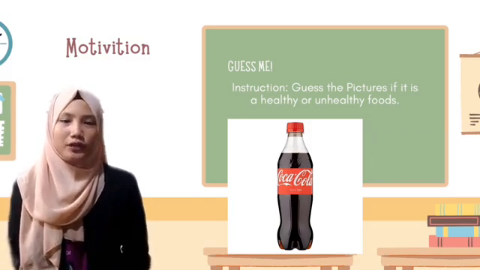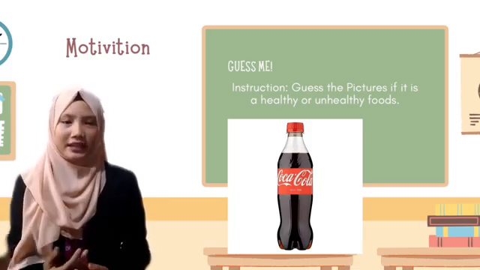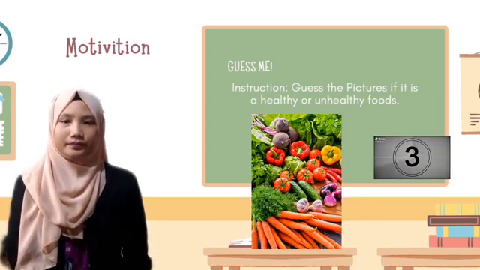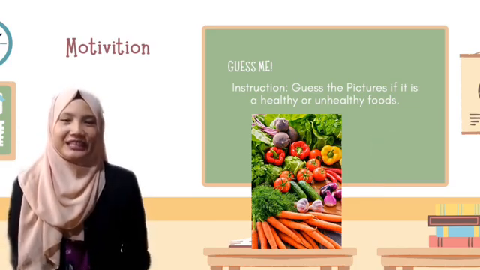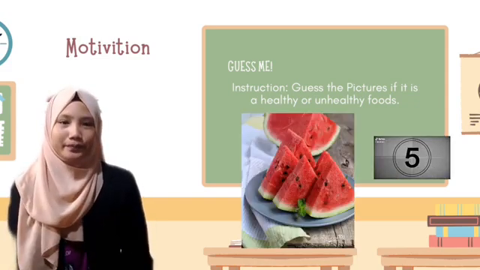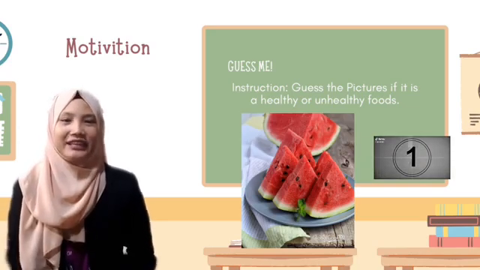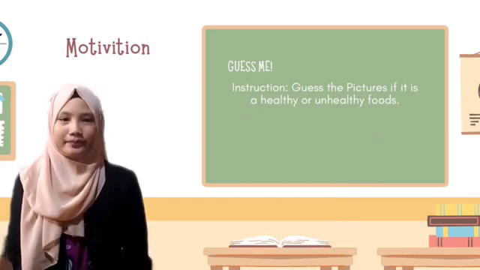Okay, it's wrong because this food is categorized as unhealthy food. And yes, of course, this is healthy food because this is a vegetable. And of course, yes, again, this is healthy food because this is fruits.